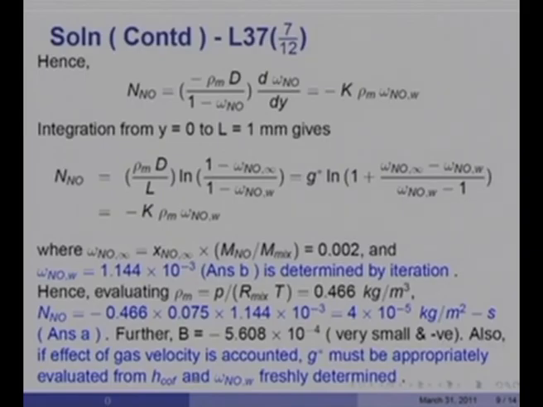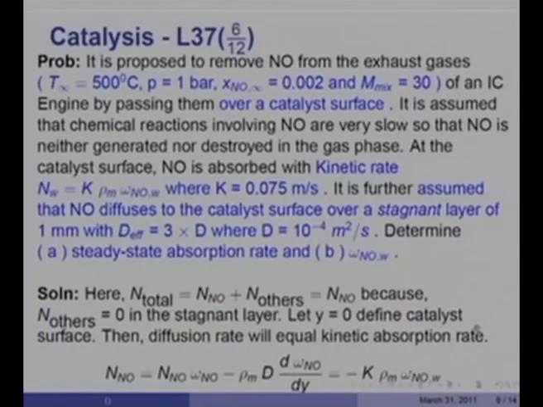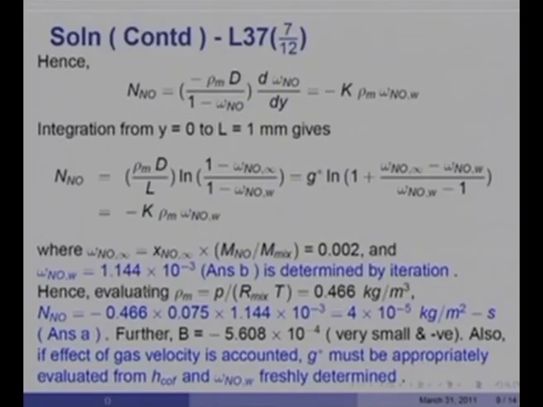Also, if the gas velocity now is accounted, then G star must be appropriately augmented from h of the corresponding heat transfer situation, and in which case you will need to evaluate omega NO W freshly and carry out the calculation. But as of now, in assuming stagnancy, you get the mass transfer flux is known, which is the answer A, and answer B, omega NO W is 1.144 into 10 raised to minus 3.